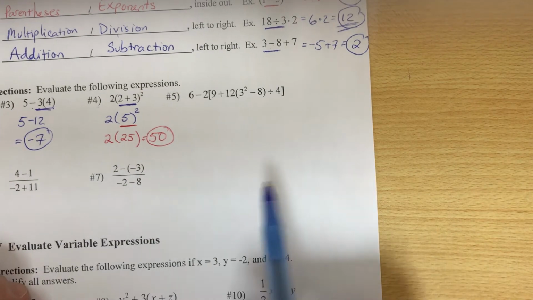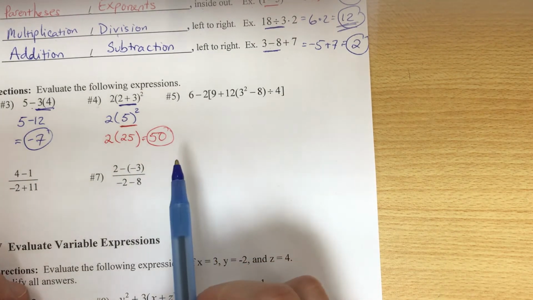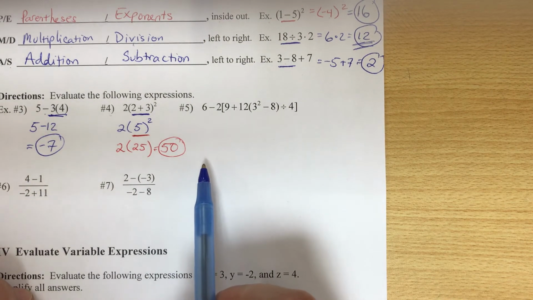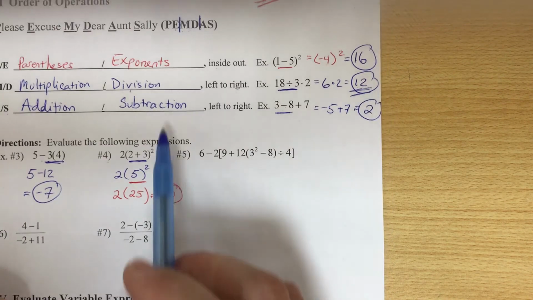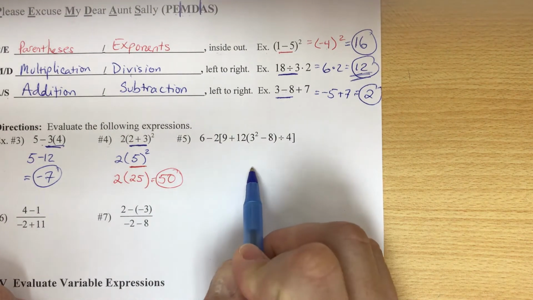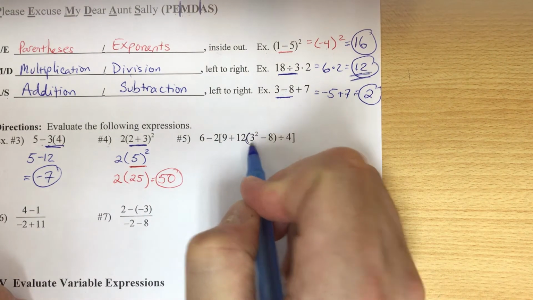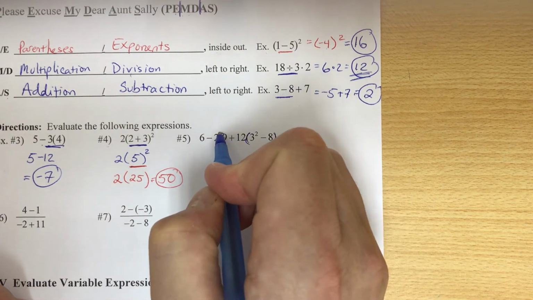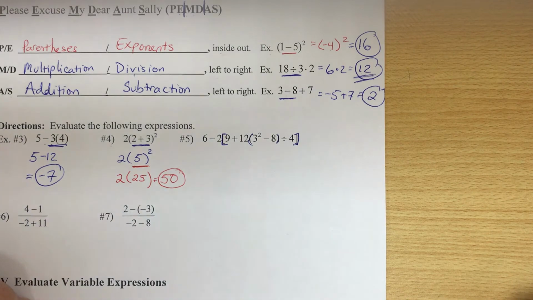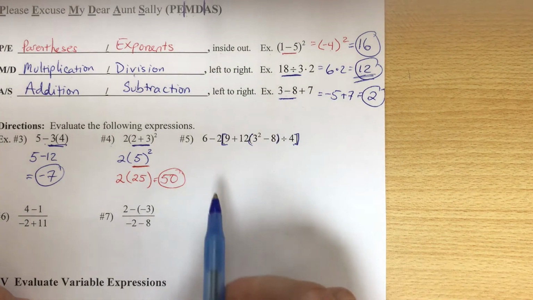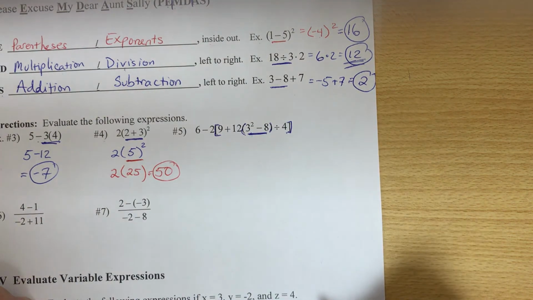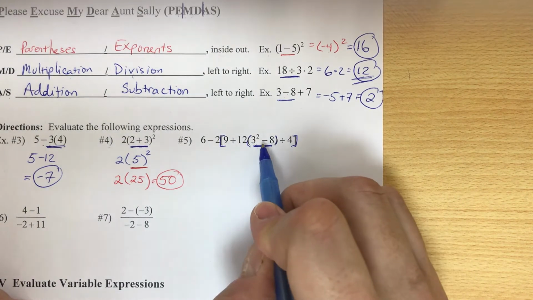Now number 5, this is a long problem, but we're just going to work step by step. What we always do is look for parentheses. Start with parentheses. And actually in this case we have 2 sets. We have these parentheses and we have these brackets, which are another form of parentheses. So we're going to work from the inside out. We'll start from the inside: 3 squared minus 8.